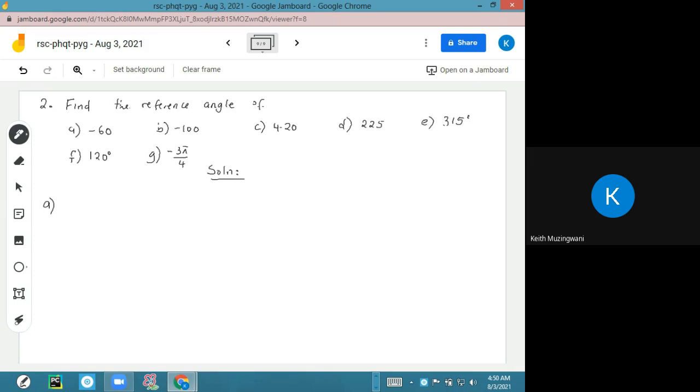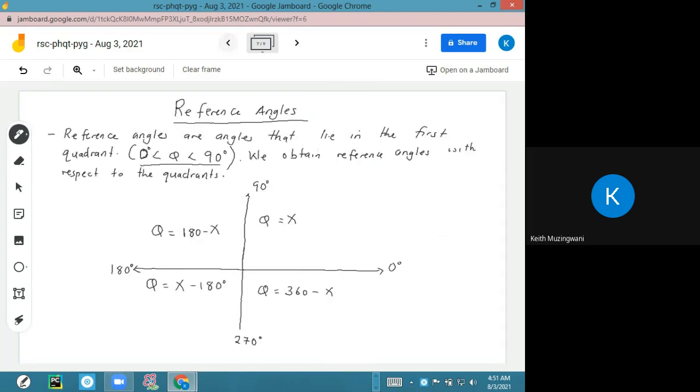So A, we want for negative 60. The first thing we do, since by definition we say that reference angles are angles that lie in the first quadrant. Now negative 60 is not anywhere catered for in the formula here.